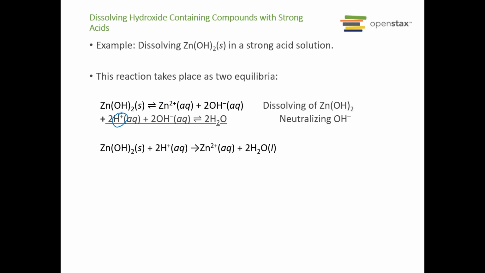We have zinc hydroxide and we have the 2 H plus ions in solution. If we add these together, the 2 hydroxides cancel out and we're left with zinc and water. Essentially what happens is these 2 H plus ions react with those hydroxide ions and we form water, so then we're left with the zinc ion floating around the solution.